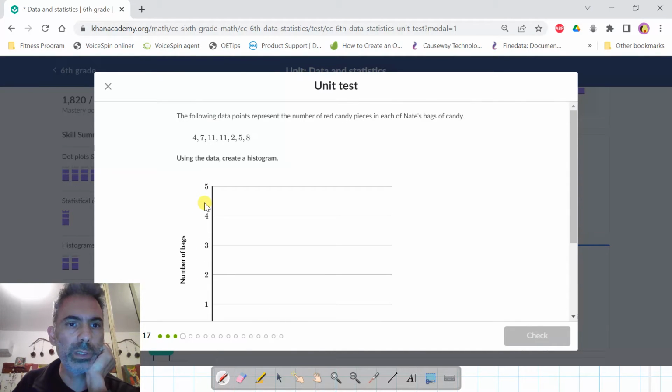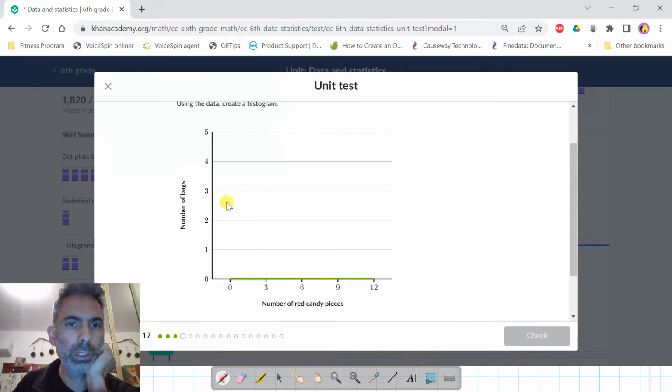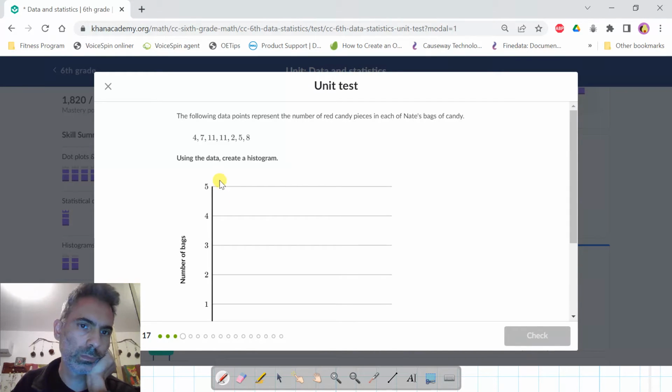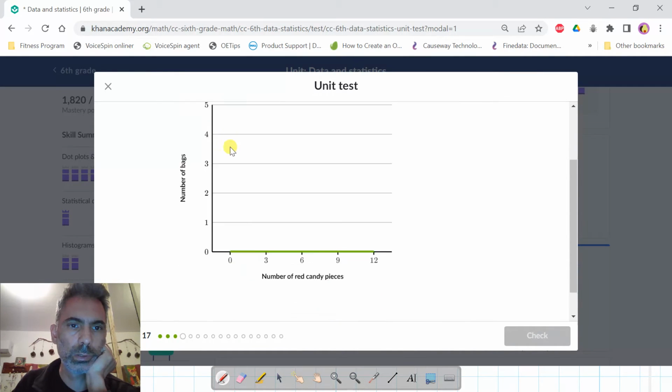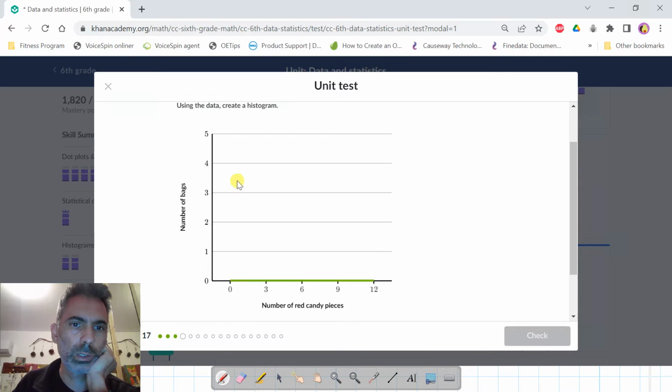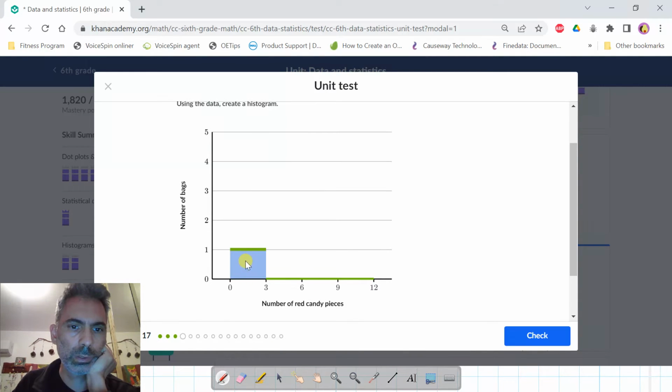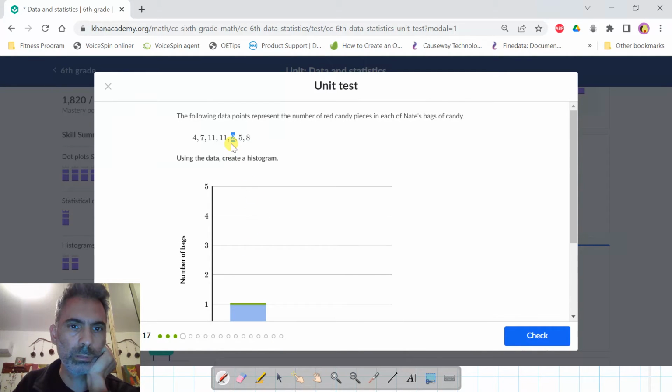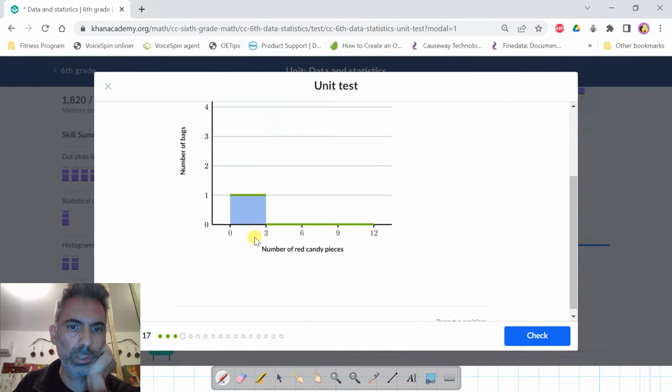Okay, so between 0 and 3, we don't have any bag. Between 0 and 3, we have no bag. Okay. We have one here. So one bag has between 0 and 3.